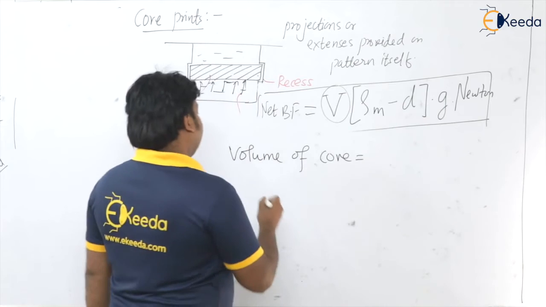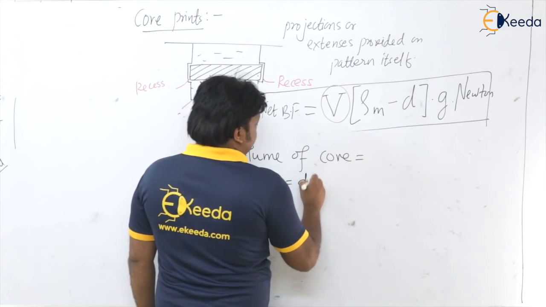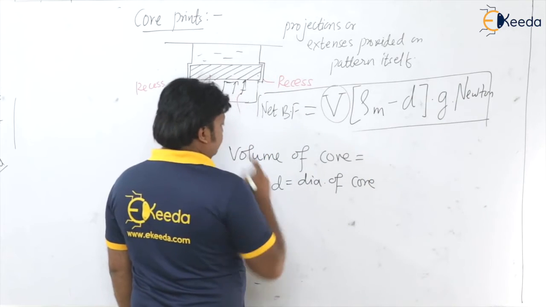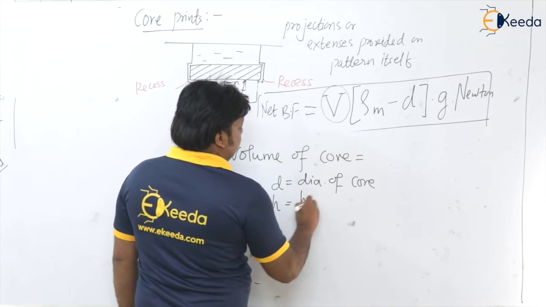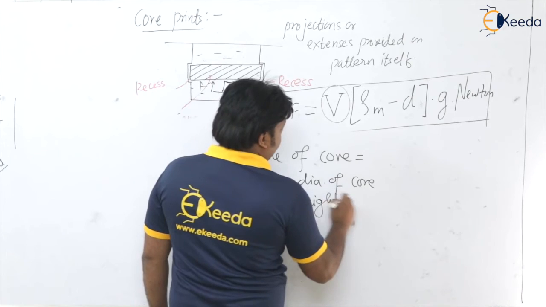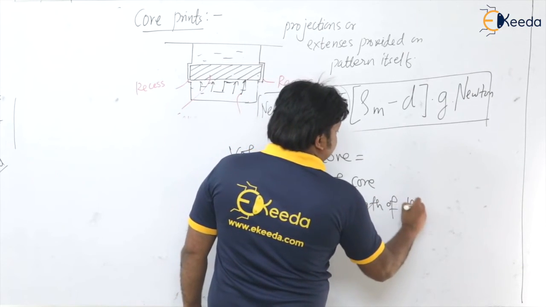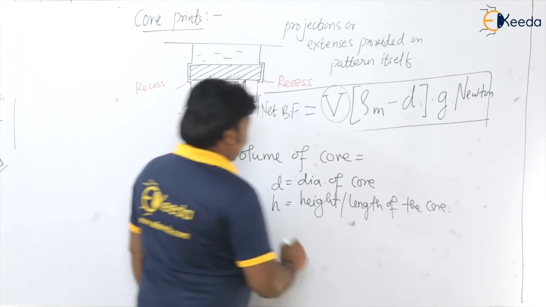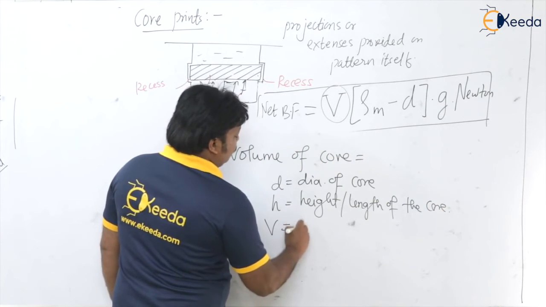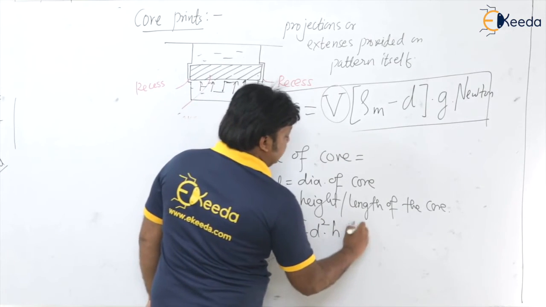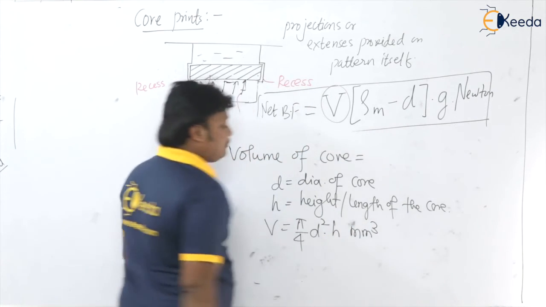So if small d is the diameter of the core, and h is the height or length of the core, then what is the volume of the core? V will be equal to pi by 4 times d square into h, in mm cube.